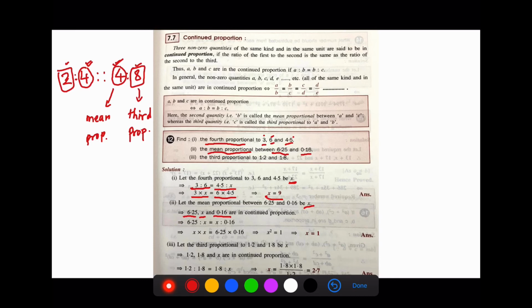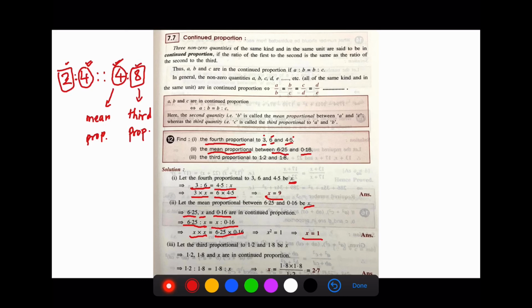So we can write 6.25 is to x equal to x is to 0.16. And again, if I apply the property that the product of the extremes is equal to the product of the means, then the mean is simply x. So x into x will be equal to 6.25 into 0.16, which gives me x equal to 1.